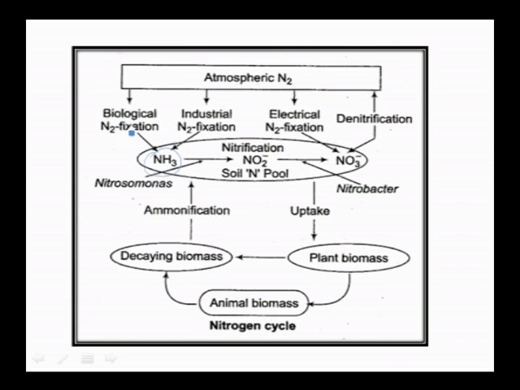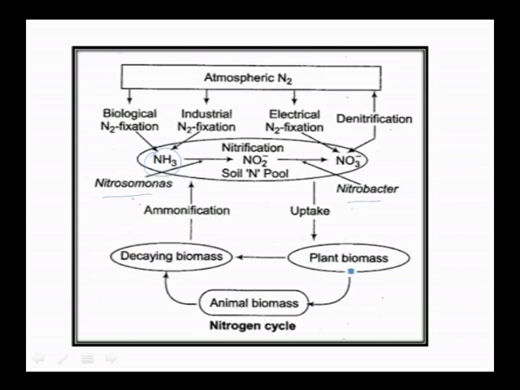During biological nitrogen fixation, the nitrogen converts into ammonia; further, this ammonia converts into nitrites, a process called nitrification, and the organisms involved in this process are Nitrosomonas. Nitrites undergo further oxidation to produce nitrates, which can be absorbed by the plants with the help of Nitrobacter.